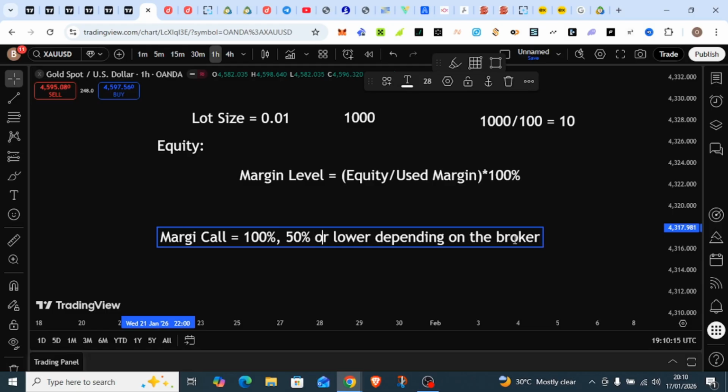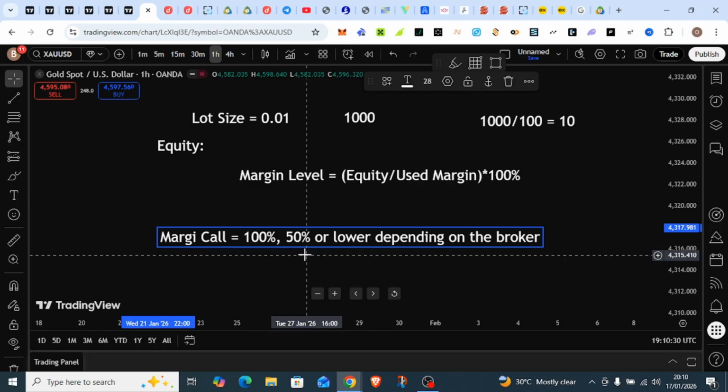Some brokers can make their margin call at 100%, while some can place it below that.